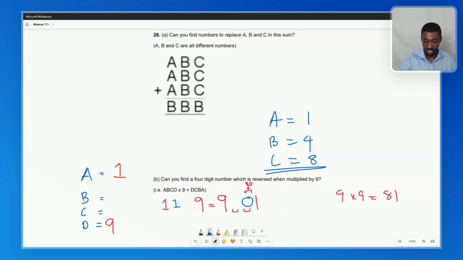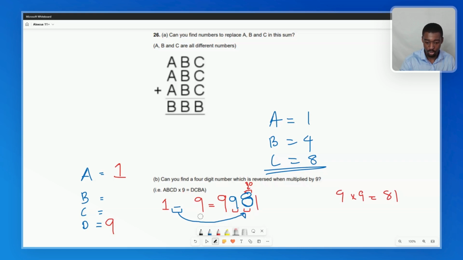Yes, this would work in the sense that we have 100 times 9, which is 900. So we're adding 900 onto this thing. But that would be 981, which wouldn't work because we see that this is meant to be 1 and not 8.